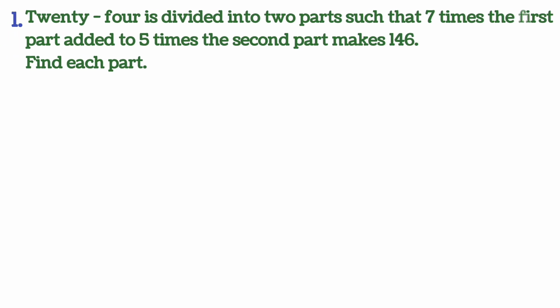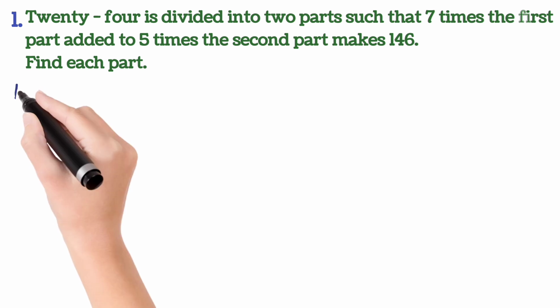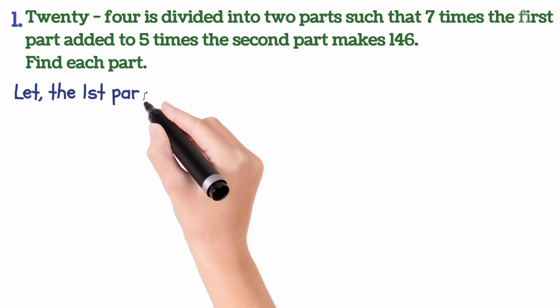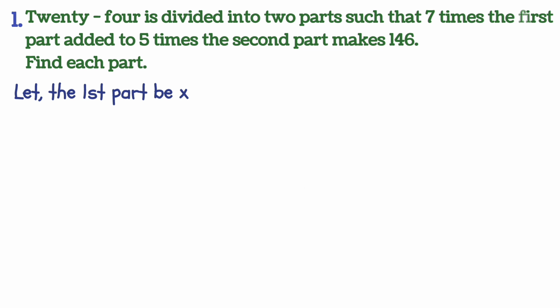Let us start. First, we will read the question carefully, slowly, and we will understand the information given. The question is: 24 is divided into two parts such that 7 times the first part added to 5 times the second part makes 146. So let us first find the two parts.